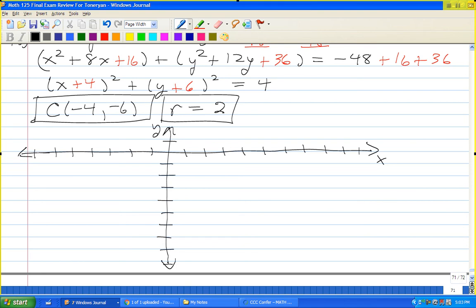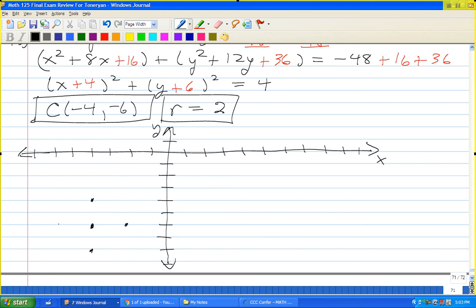Okay, so the center is at -4. 1, 2, 1, 2, 3, 4. 1, 2, 4, 5, 6. Here's my center. I have a radius of 2, so 1, 2, 1, 2.